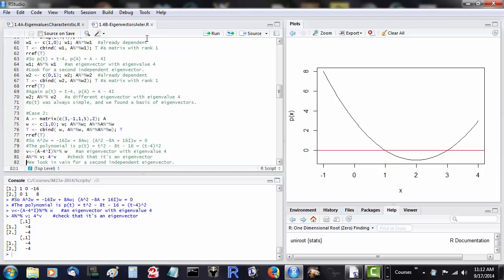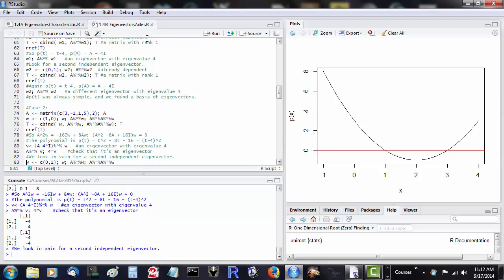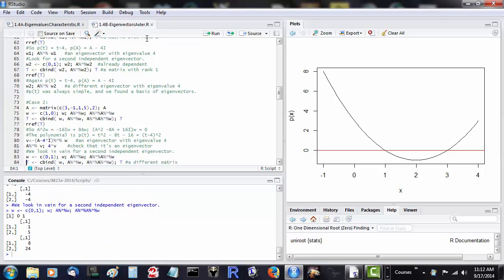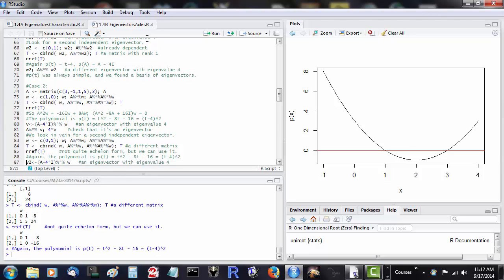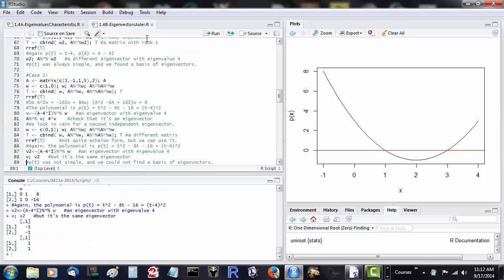I can try different values of W all day. Here I'm trying with the second standard basis vector. But all I get is this same old polynomial, t minus 4 squared, and the same old eigenvector with eigenvalue 4, because there is no second eigenvector.